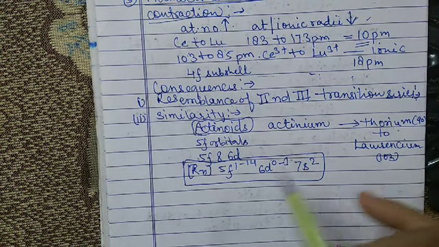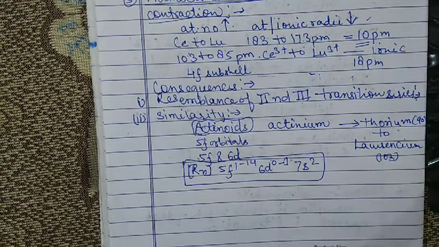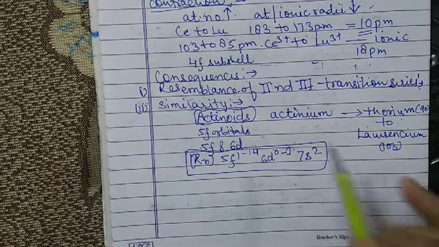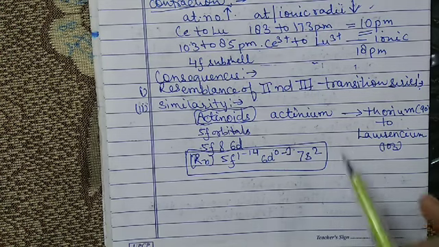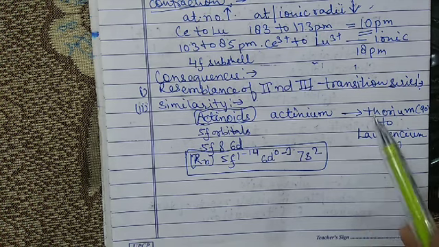If we talk about the ionization enthalpy, the ionization enthalpies of the early actinoids are not accurately known. We have no evidence for them, but they are lower than those of the early lanthanoids.